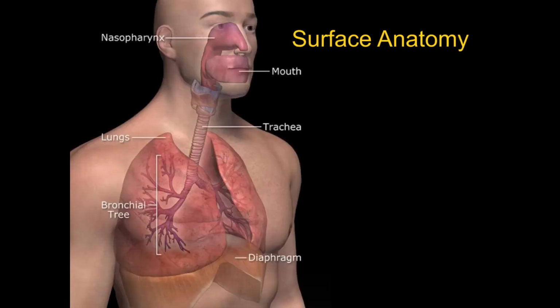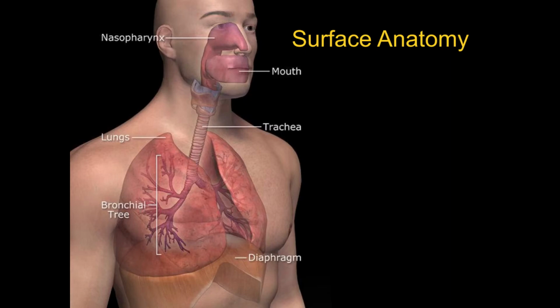So here is a nice surface anatomy kind of illustration, showing that the lungs do not completely fill out the thorax. So there is always a space there, and your diaphragm is always rising and falling to help us exhale or inhale air into the lungs.